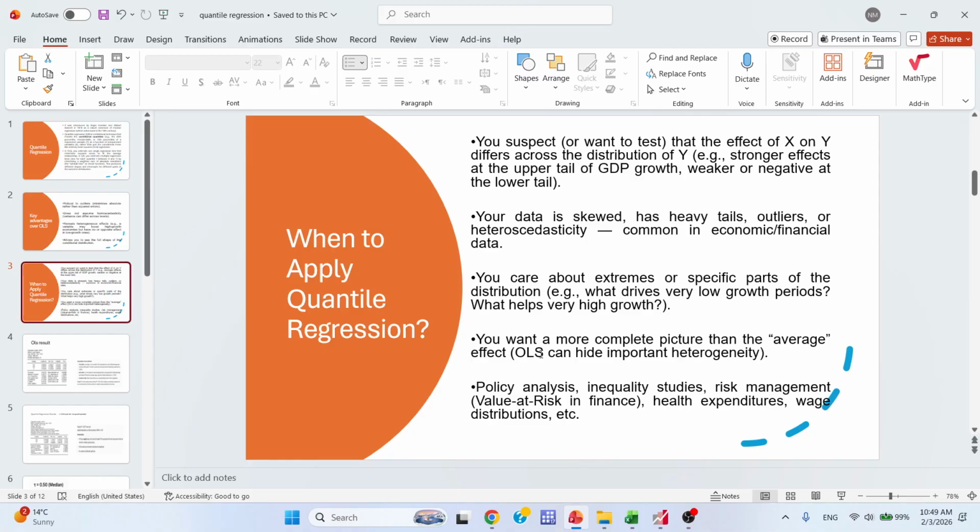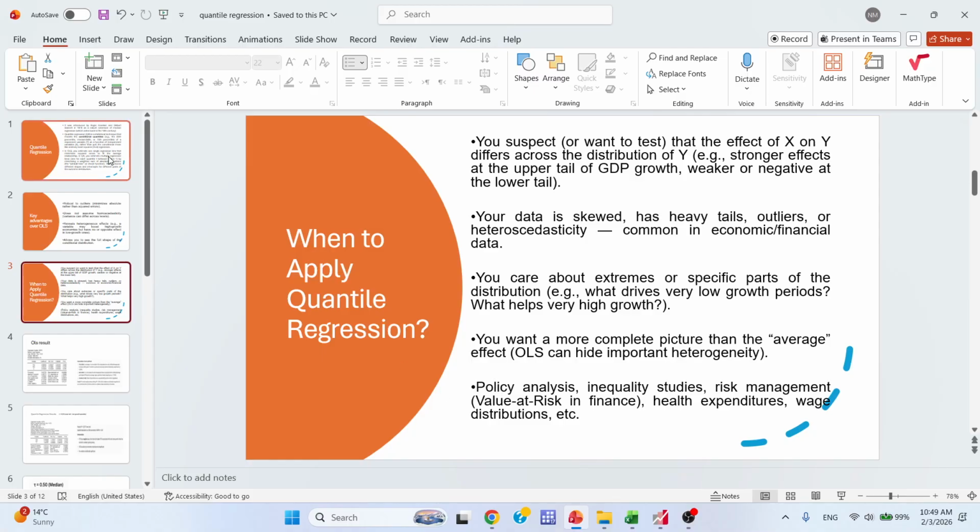As I mentioned earlier, OLS gives only average values, but quantile regression gives us multiple regression analyses, like the 25th percentile, median, and 75th percentile. The last is policy analysis, inequality studies, and risk management. If your data set involves any of those, then it is suitable to apply quantile regression.